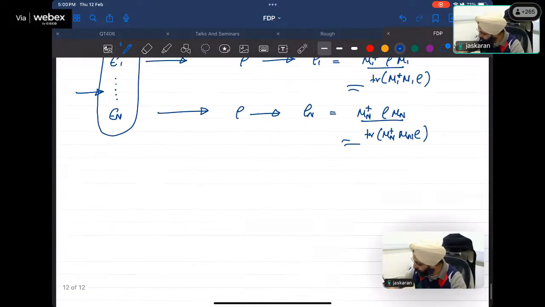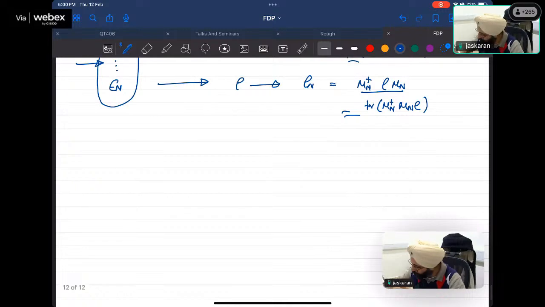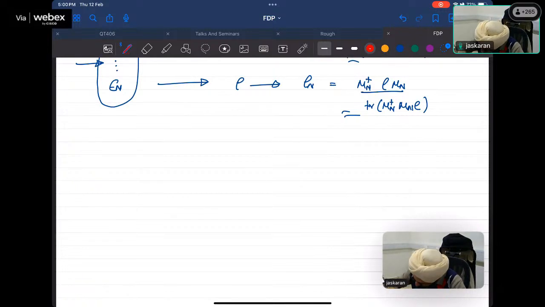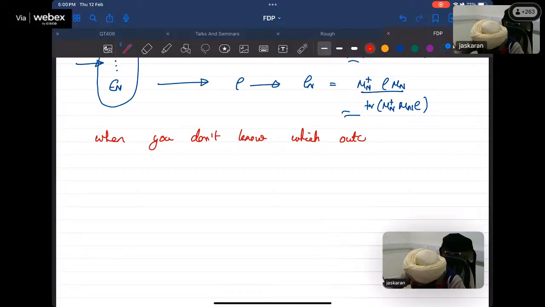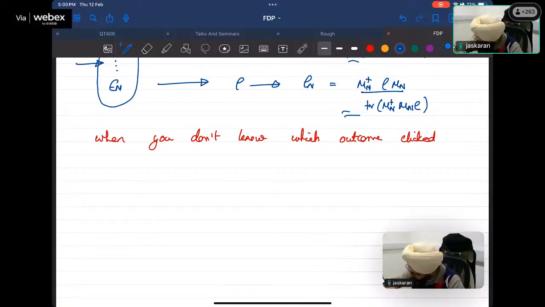So based on this knowledge, this is only for when you don't know which outcome clicked.